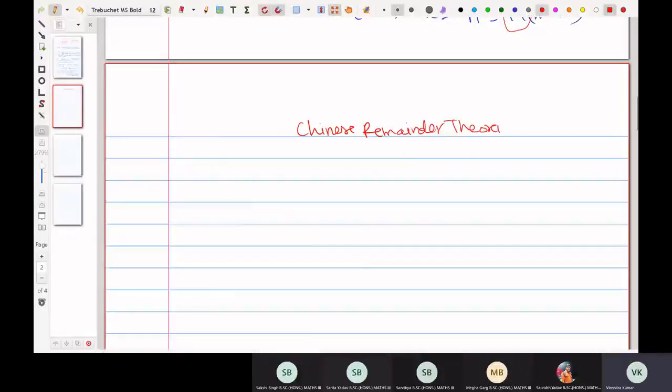This concept was started initially in China, so that's why it is named the Chinese Remainder Theorem, and later on it was developed in Greece. They also worked on it, but in particular it was discussed by some Chinese researchers.